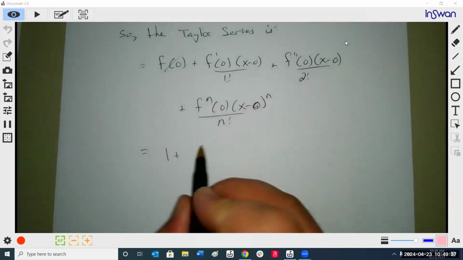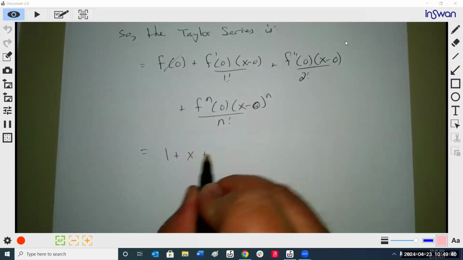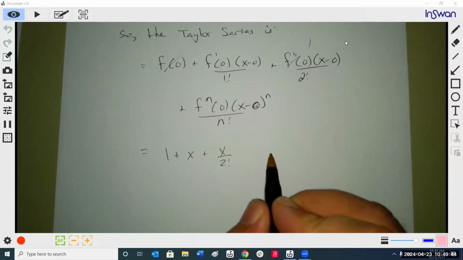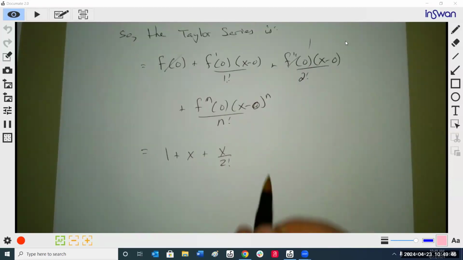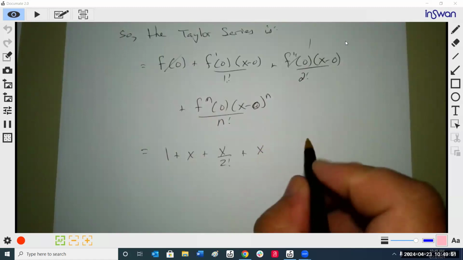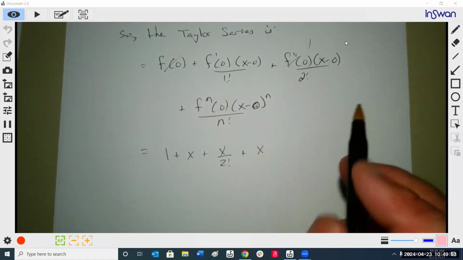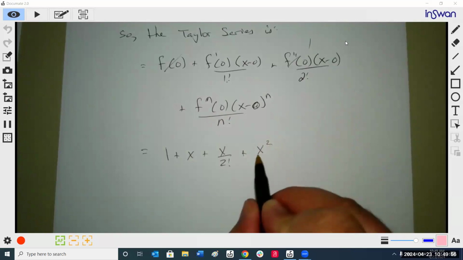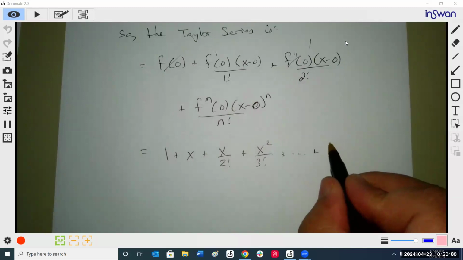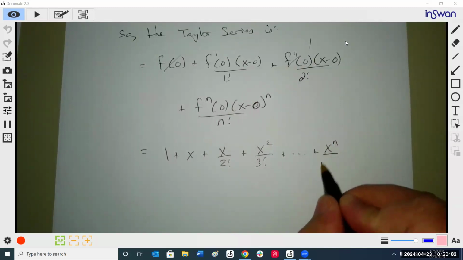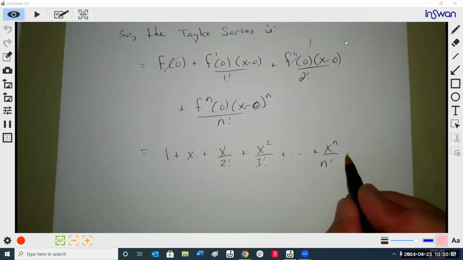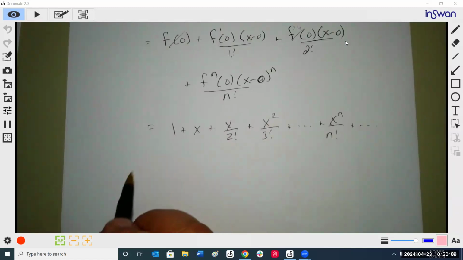So I have 1. It's just x, that's 1. X squared over 2, x squared over 3, all the way to x to the power n over n factorial. The series keeps on going.